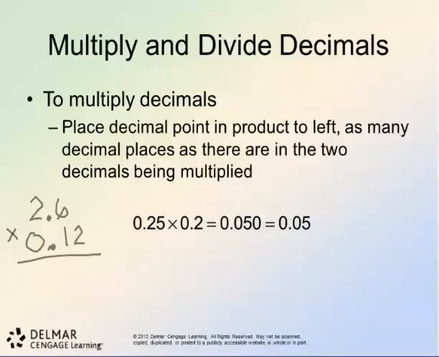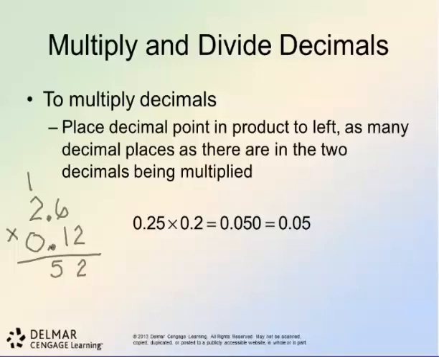And then at the end, we're going to put the decimal point in the correct place. So if we multiply this as we normally would, 2 times 6 is 12, carry the 1. 2 times 2 is 4, plus that 1 is 5.